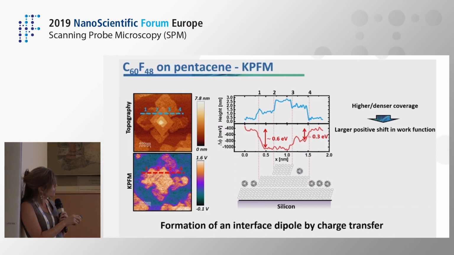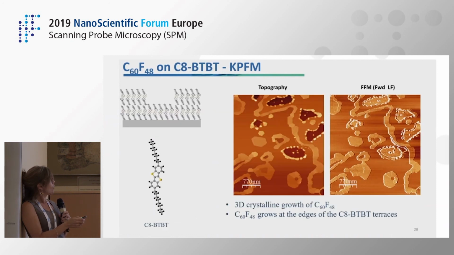So there is a correlation between the coverage of the dopant and the shift in the work function. What we see is that there is a work function change, mostly due to the formation of an interface dipole by charge transfer.